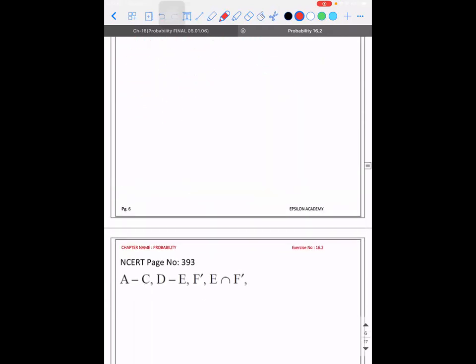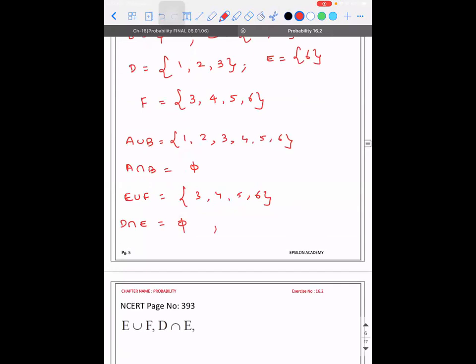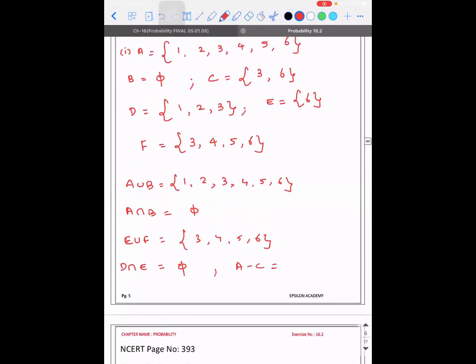Anything else they're asking? A minus C. So what is A minus C? What is the difference between A and C? What is there in A which is not there in C? 1, 2, 4, 5.